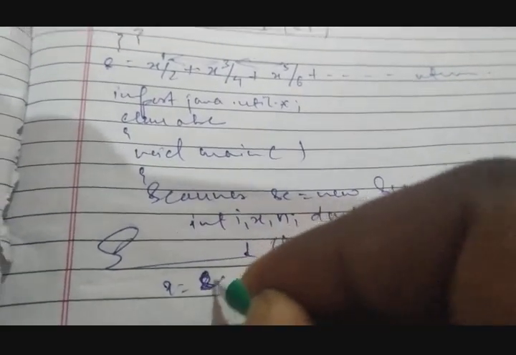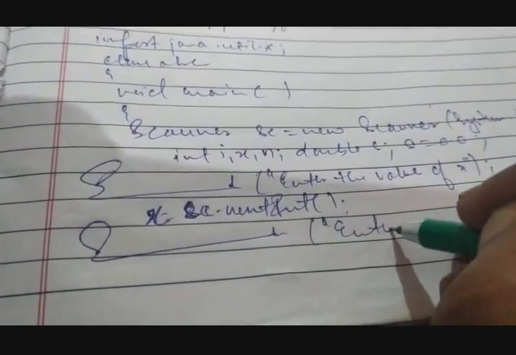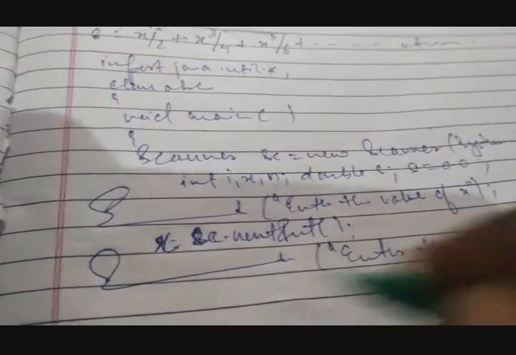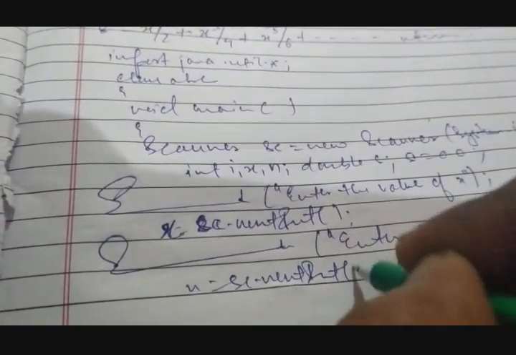This sc is small, no? So this is x. Enter the limit. n equals to sc dot nextInt method.